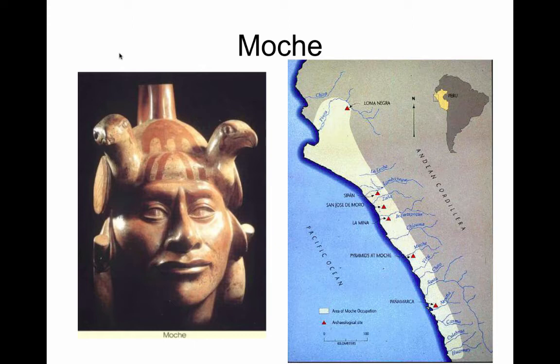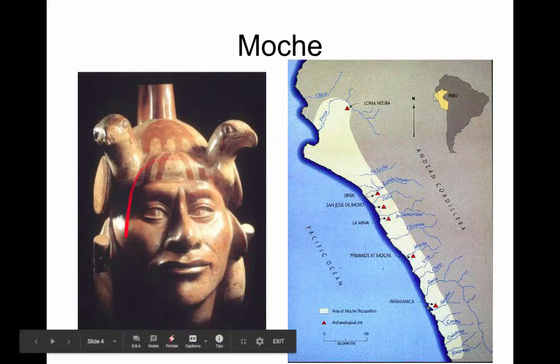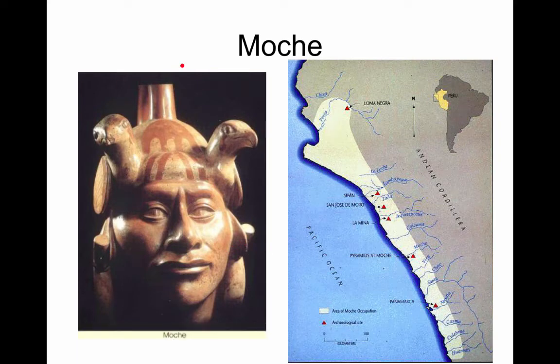What I think is most fascinating about them is that they made a lot of art that documented everyday life. So we actually have a really good insight into what everyday life was like for them because of this. This is an example of Moche pottery, a very standardized form of pottery that they created that gives incredible impressions of the people who lived in that time.